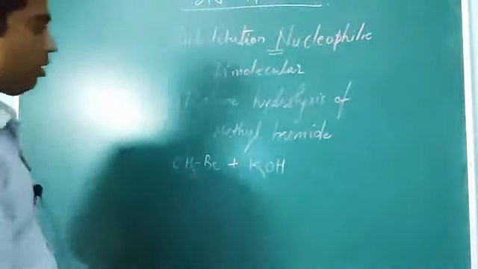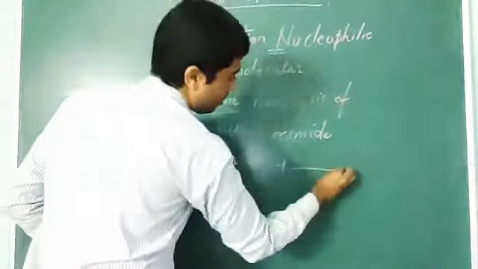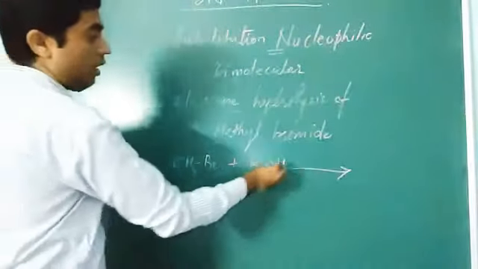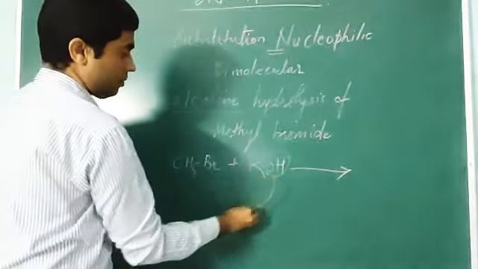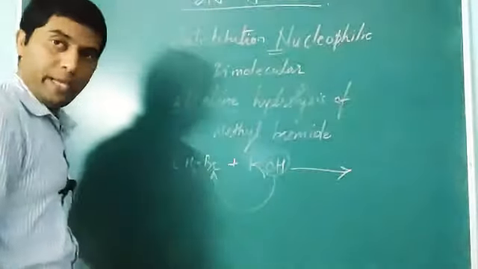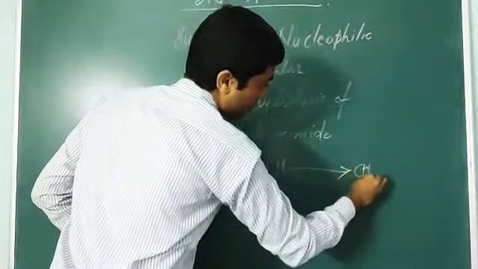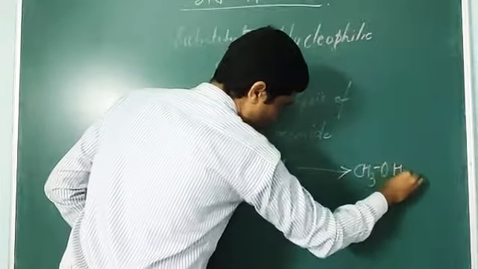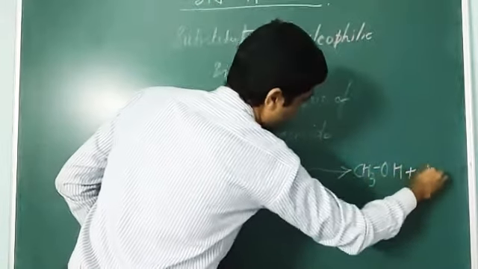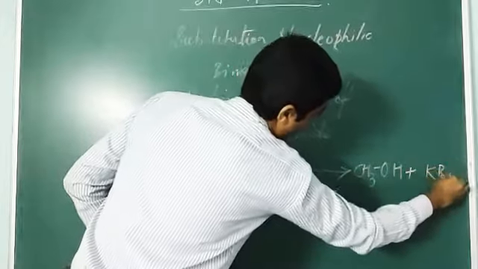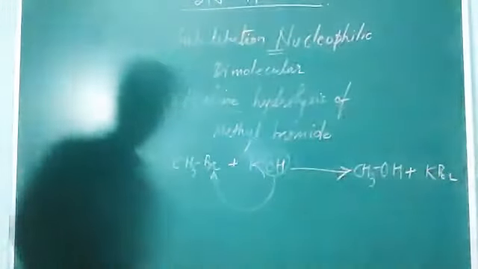Now what happens? The hydroxyl ion substitutes the bromine and there is formation of methyl alcohol plus KBr, potassium bromide.